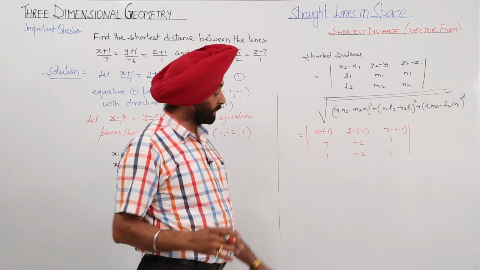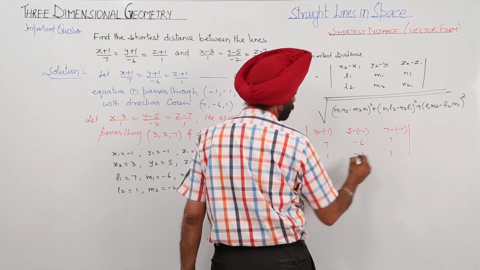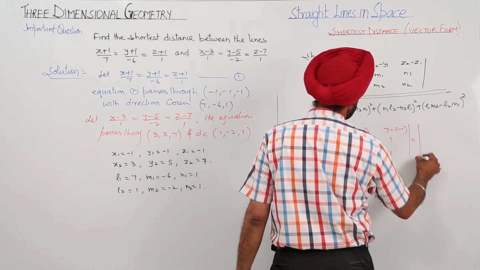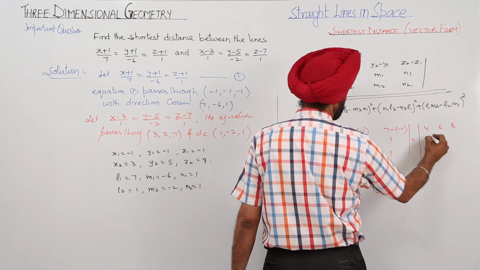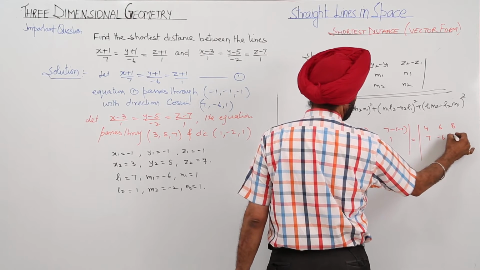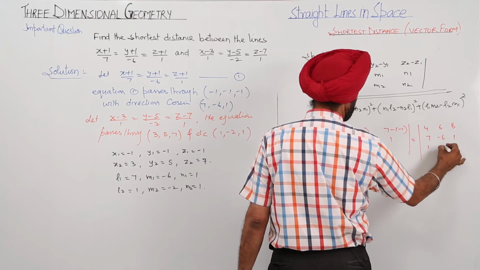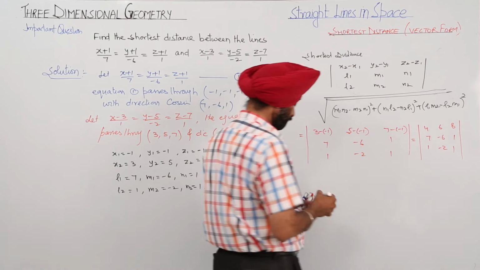So this becomes the determinant of rows 4, 6, 8; 7, -6, 1; 1, -2, 1. Best part is to solve this separately.